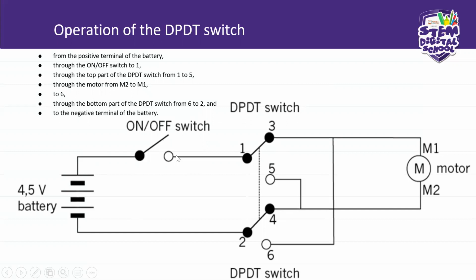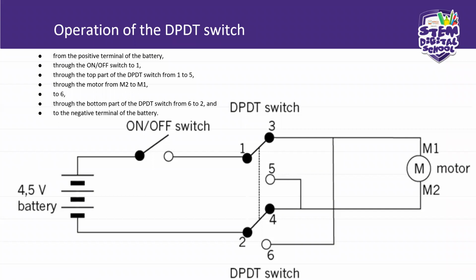Through the top part, which is 1 to 5. We go to the motor now, M2 to M1, right?